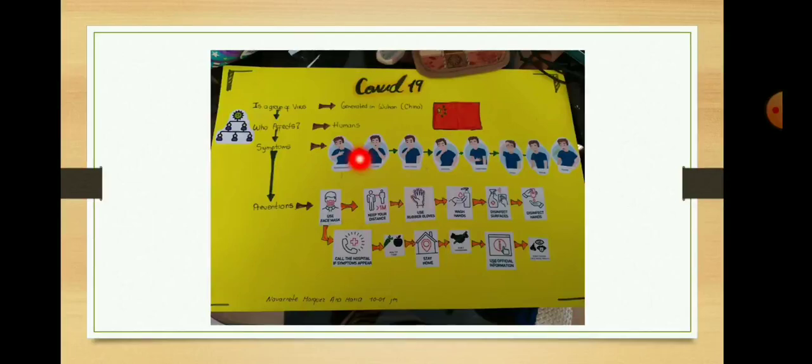In the nonlinear or discontinuous text, there are photos to explain the information. In this case, we were talking about COVID-19, and I used some pictures to show the symptoms and the cares.